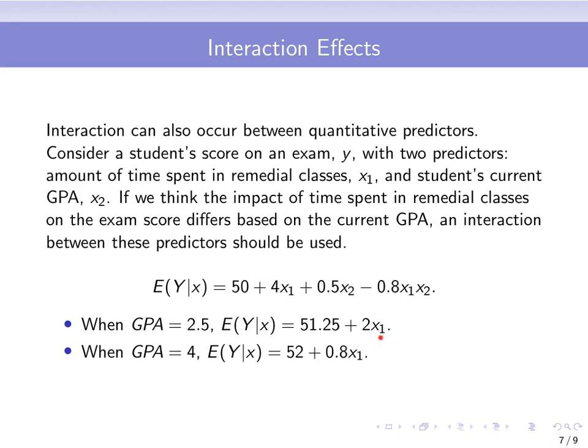The impact of time spent in remedial classes depends on the value of the other predictor, GPA. So this is how you would think of interaction. If you have interaction between quantitative predictors, I always suggest fixing separate values for one of the predictors, especially values that you're interested in investigating, so you can see how that impacts the overall equation. If you look at this on its own, it's hard to see what's going on.